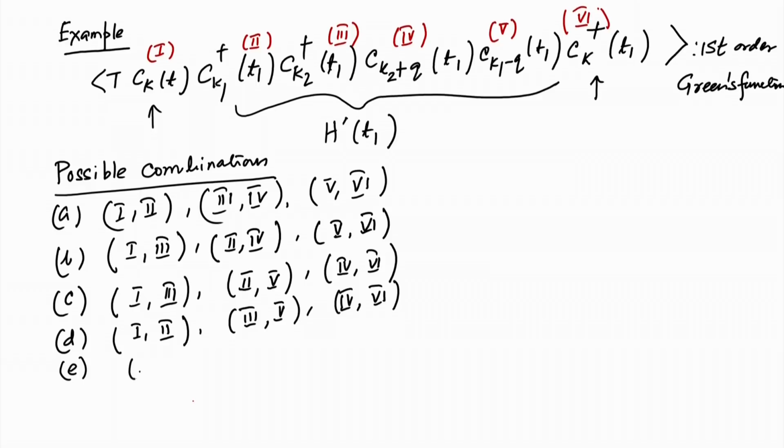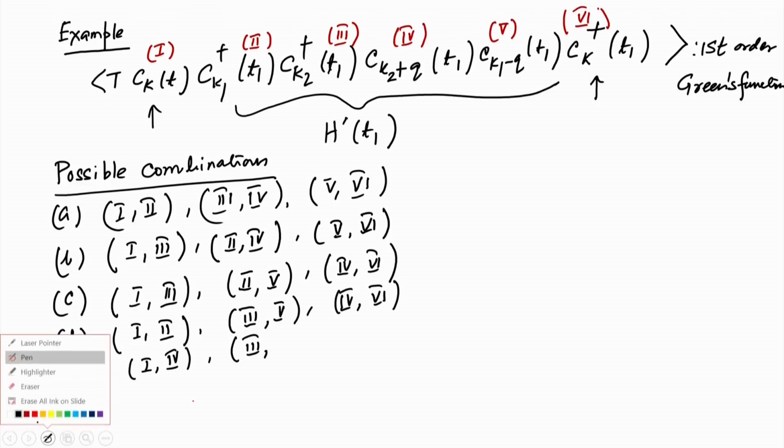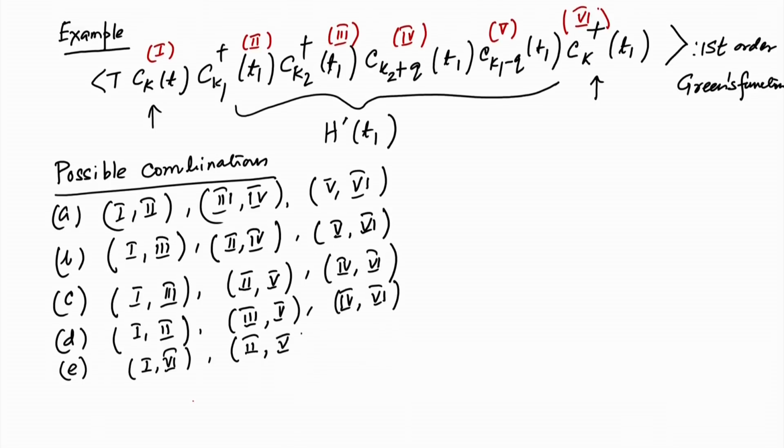Fifth combination is 1 and 6, 2 and 4, and 3 and 5.